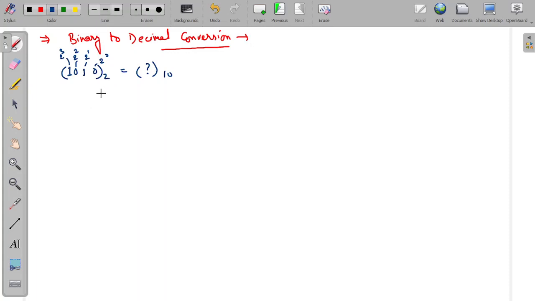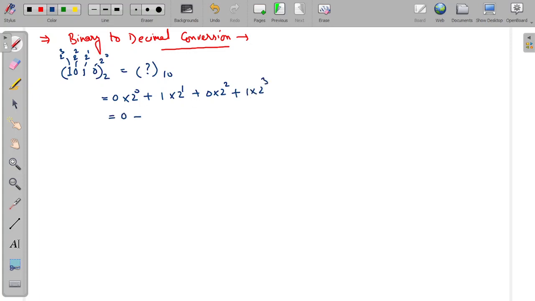So we can start like this. You can start either from MSB or LSB, both are fine. Suppose that I start from LSB. So this is 0 times its weight plus 1 times its weightage plus 0 times its weightage plus 1 times its weightage.